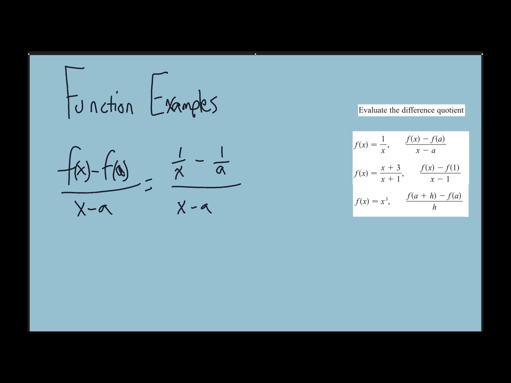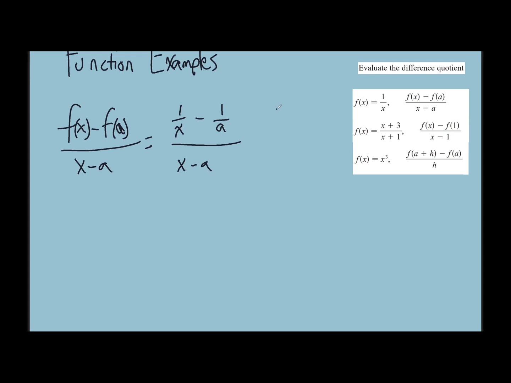So how do we accomplish evaluating this? Well, I think the first thing we're going to need is some common denominators. So let's maybe do an ax here. We'll do an a over a and an x over x here. And we're going to get a minus x over ax, over x minus a.